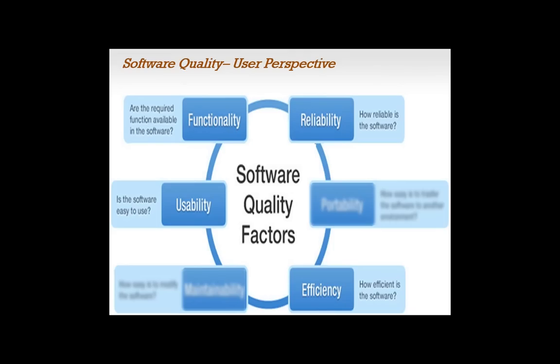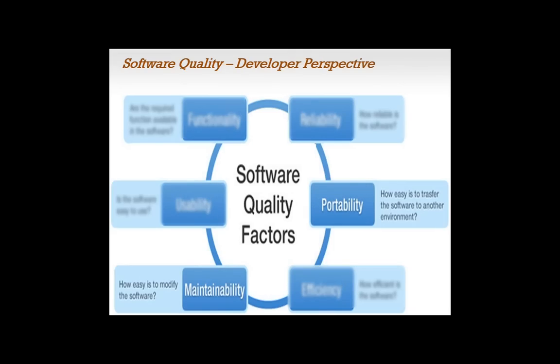And the second one is the designer or developer perspective, and here it is portability and maintainability. I already spoke about portability and maintainability, and you should keep this in mind if you look at the software quality parameters or factors, that there are different perspectives for both the developer and the user.